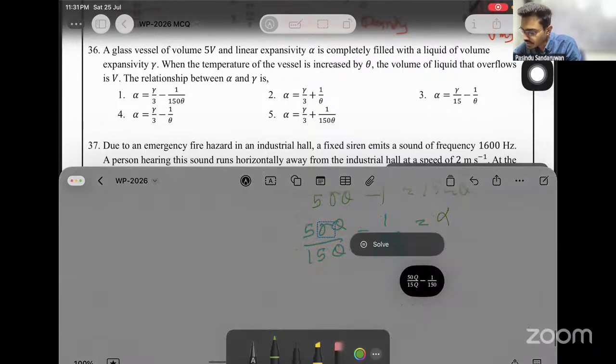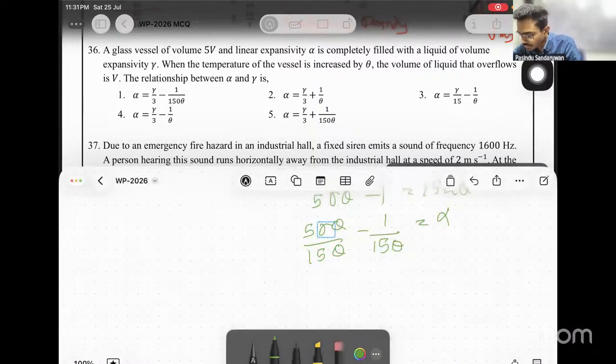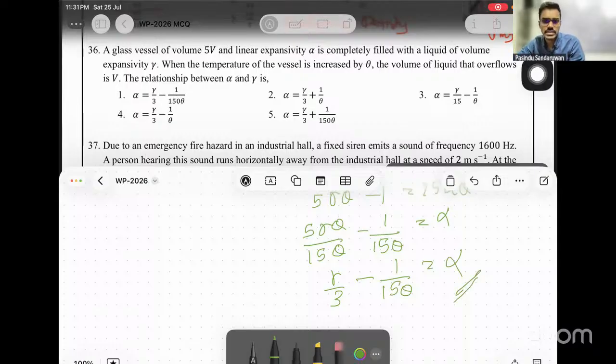Then simplify this. From here, gamma over 3 remains, minus from here, 1 over 15 theta remains. That is alpha. Right? So that is given in answer 1.